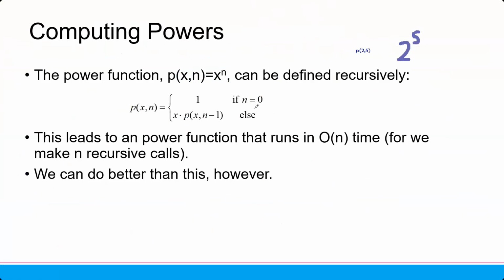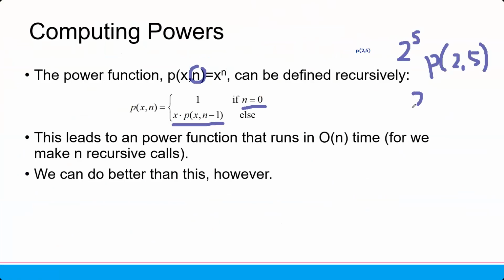Now, if n equals 0, it returns 1. Otherwise, let's say I have p(2, 5). So n starts from 5, and then we have x multiplied by p(x, n minus 1).